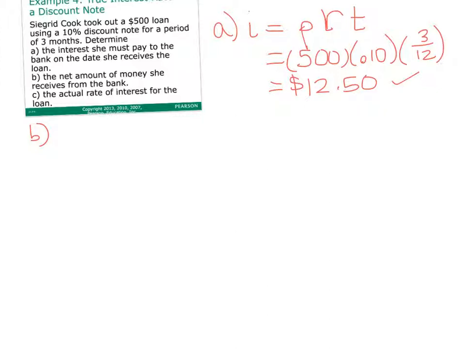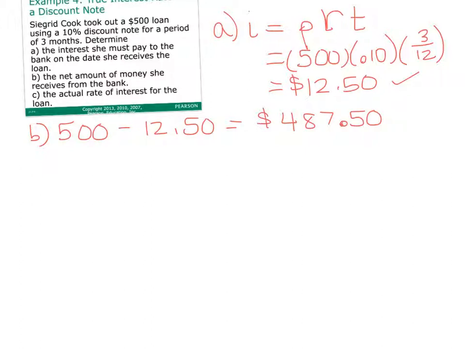Well, technically she asked for $500, but they are going to keep $12.50 of it because that is her interest. So you'll have to find the difference there. She's actually going to walk out of the loan office with only $487.50 in her pocket, because she had to pay the discount up front.